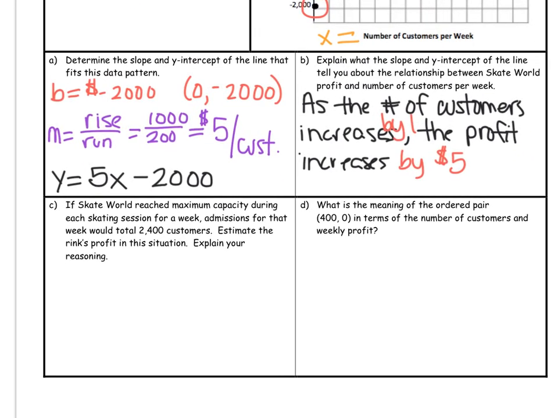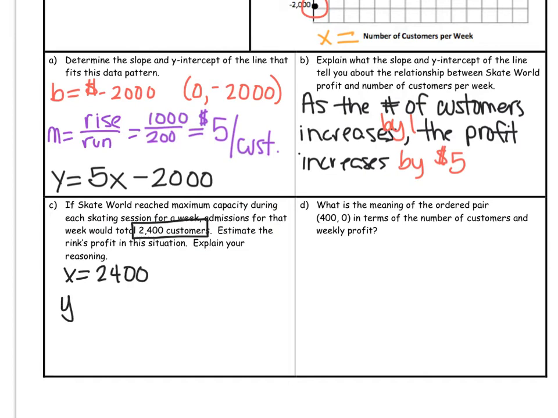So letter C, if Skate World reached maximum capacity during each skating session for a week, admission for that week would total 2,400 customers. Estimate the rink's profit in this situation and explain your reasoning. Okay, so remember that x was our customers, and it's 2,400, and we're looking for y.